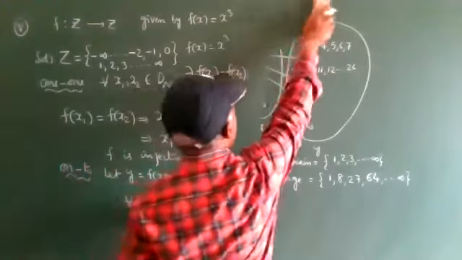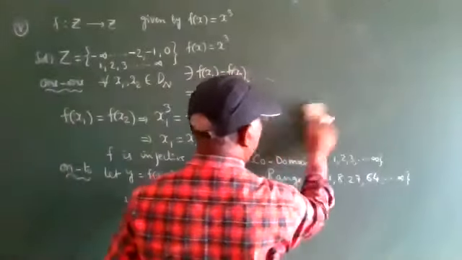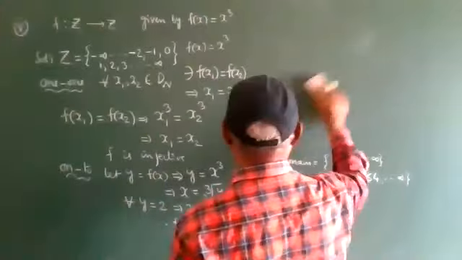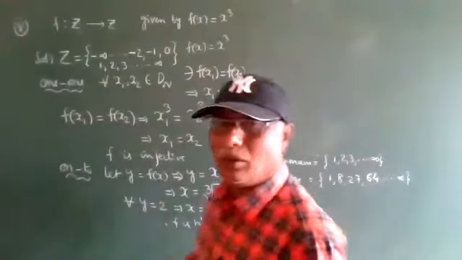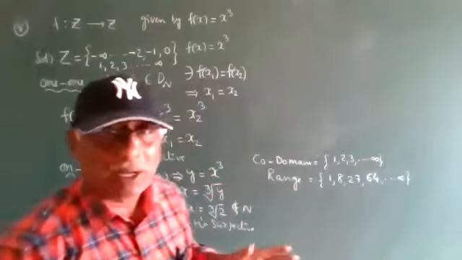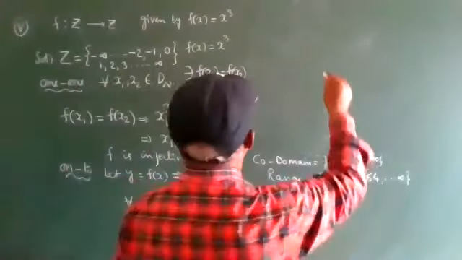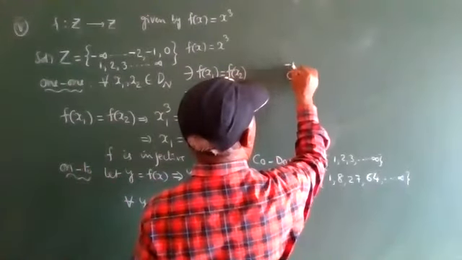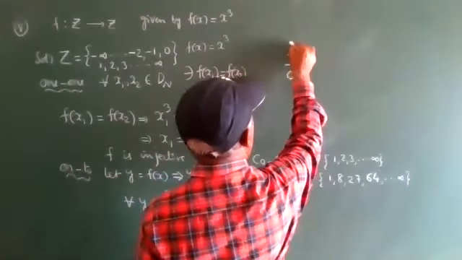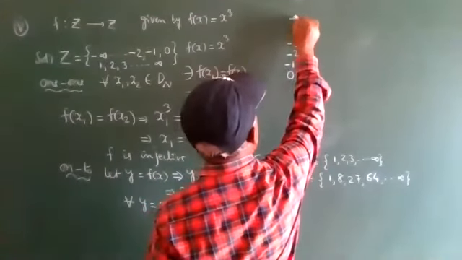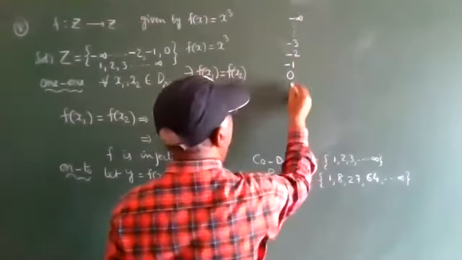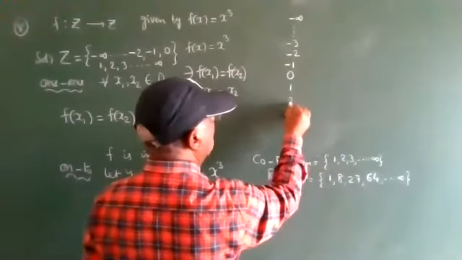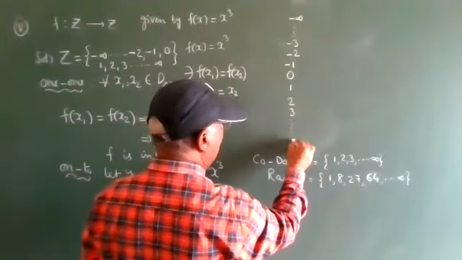Now I will take integers and check the figure. Based on the figure only, I will decide whether codomain and range are equal or not. Everyone observe: integers are 0, -1, -2, -3 up to minus infinity, and +1, +2, +3 up to infinity.